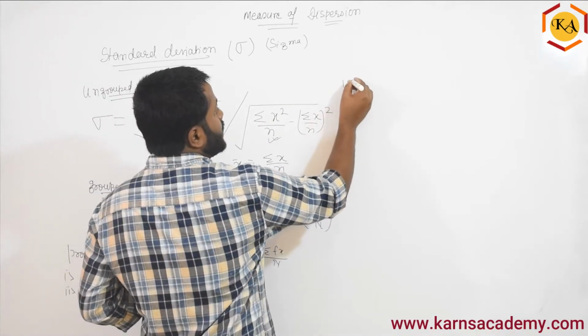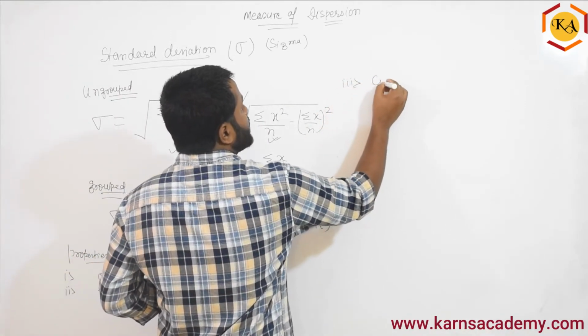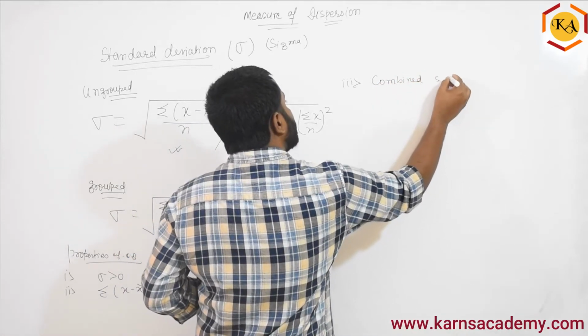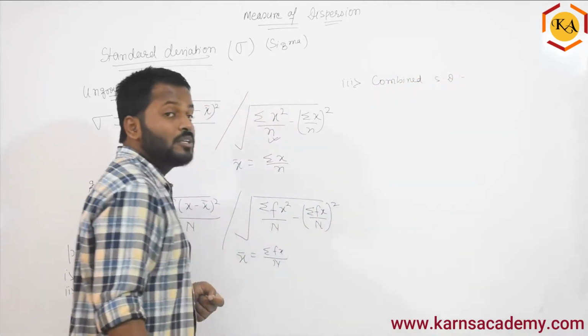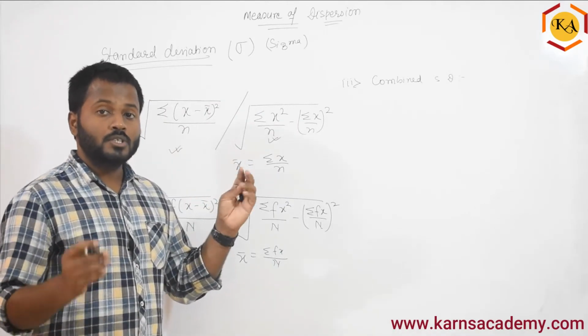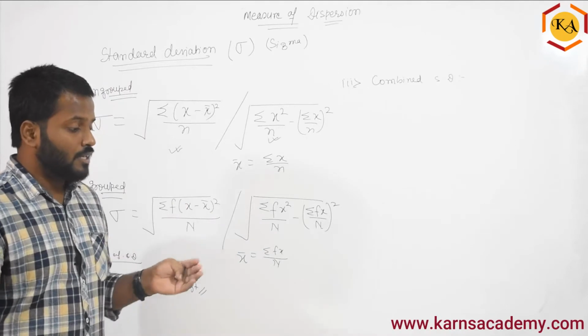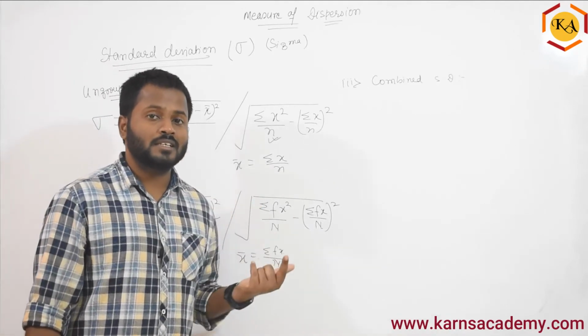The third property is the combined standard deviation. You remember in mean we had the combined mean, where two separate means are given and you have to combine them. Similarly, here we have a combined standard deviation.